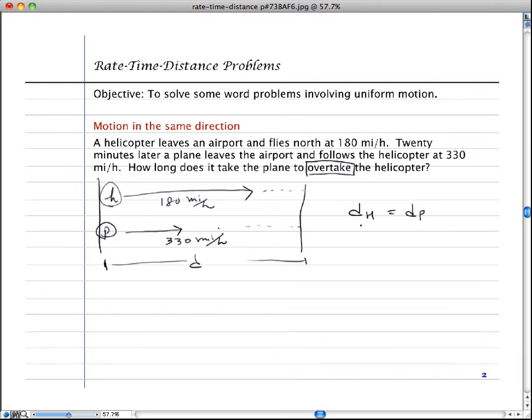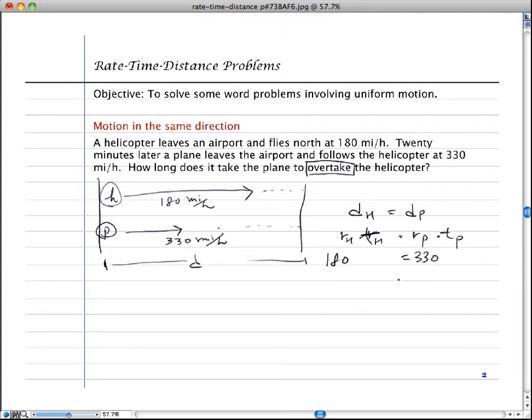So applying the formula, the rate of the helicopter times the time of the helicopter is equal to the rate of the plane times the time of the plane. We know the rate of the helicopter, which is 180, and we know the rate of the plane, which is 330 miles per hour.